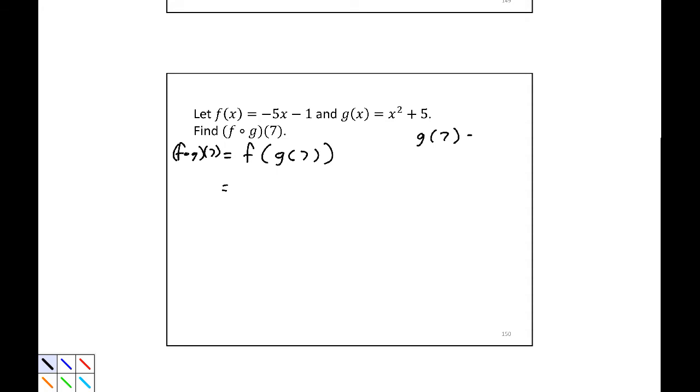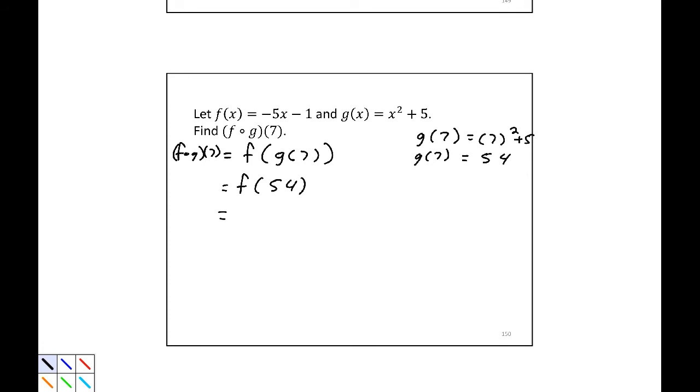I'm going to do this in a couple of stages. G of 7 would be 7 squared plus 5. That would be 49 plus 5, which is 54. So g of 7 is 54. I'm going to replace g of 7 with 54. So this will be f of 54. Now we're going to take the output of putting 7 into g.